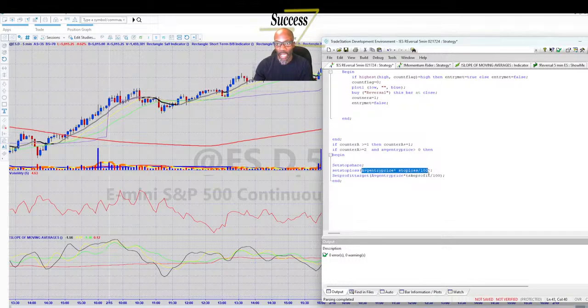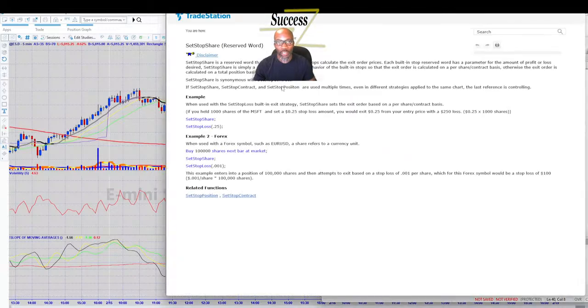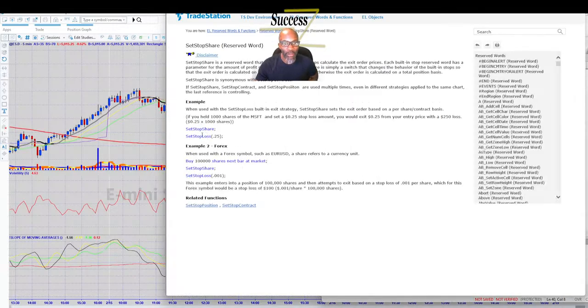It goes by the dollar amount and not by the... Unless there's another way to do this. Because right now this is going by the dollar amount, the stop loss amount, instead of by the distance.